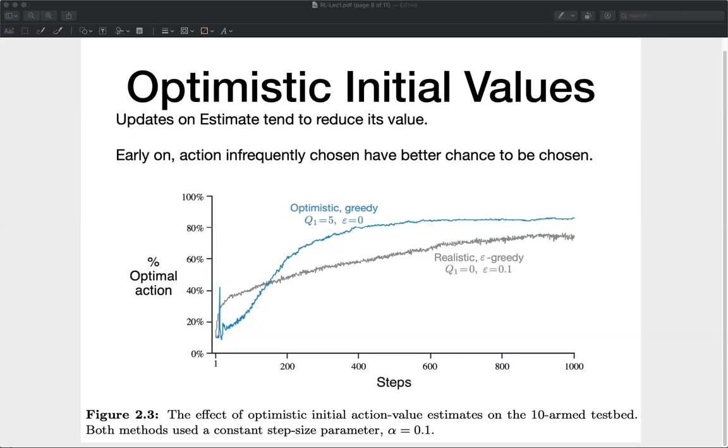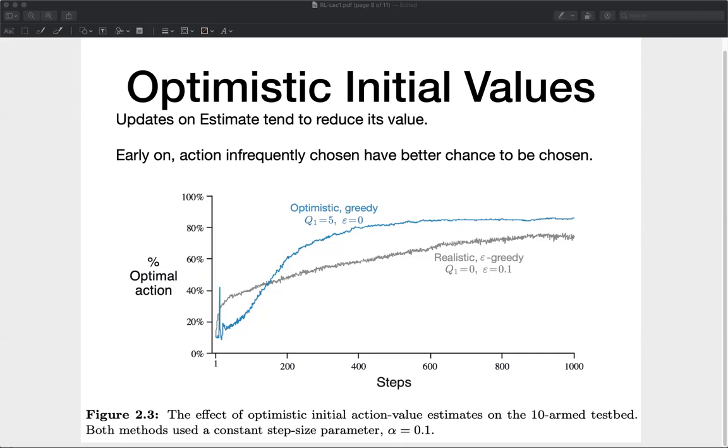The estimates are terrible because they're optimistic, so not anywhere near what the real values are. But because this is giving a chance to all the arms that you didn't get to pick, all the arms that are still overestimated get chosen. You do some effective exploration, and so that's why the returns here are better.